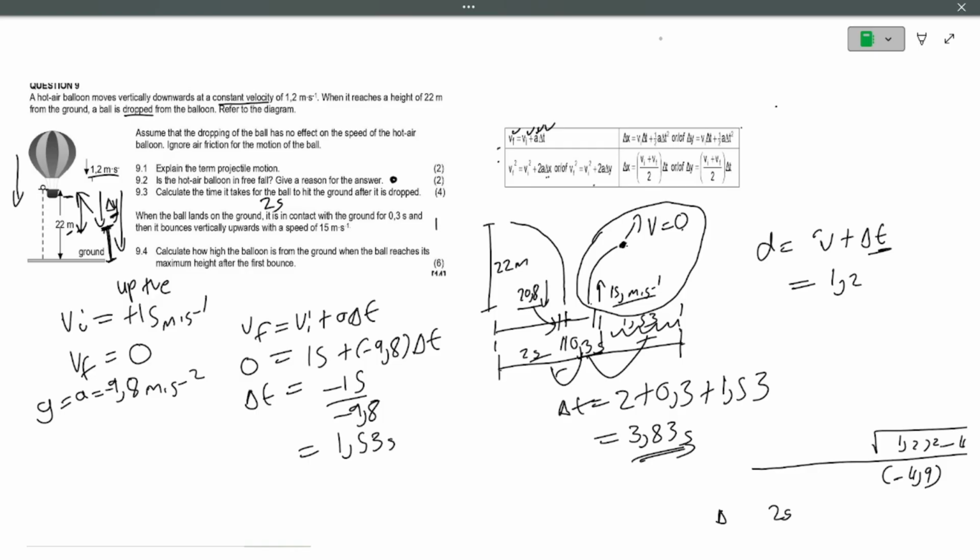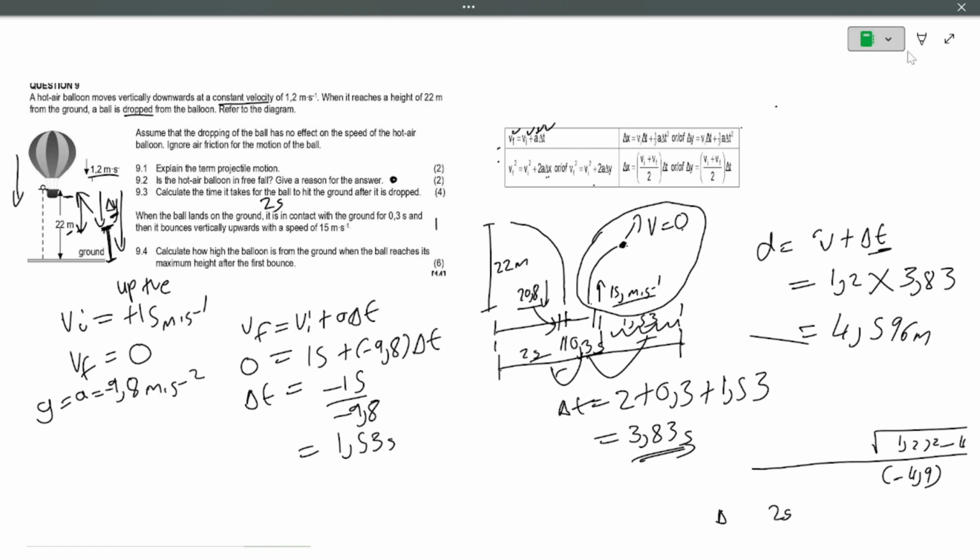So this is the total time it takes, and then we multiply the distance per time by 3.83. So 1.2 times 3.83, and we get that the distance it had moved is 4.596 meters.